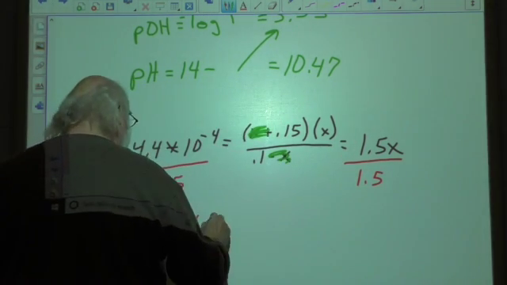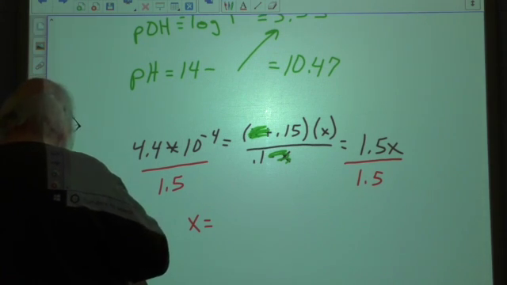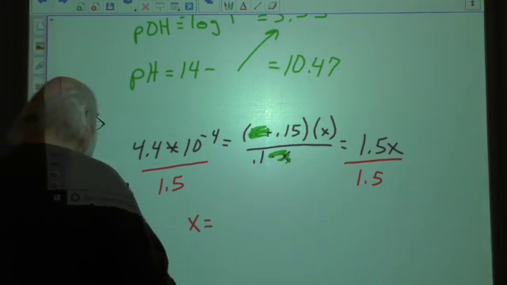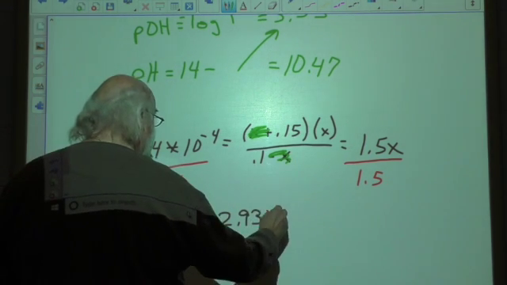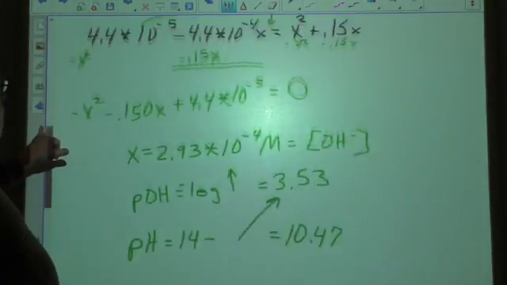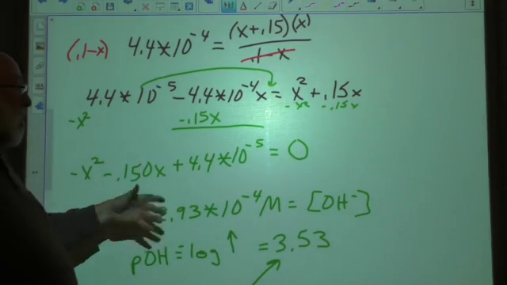And x then equals 4.4 e negative 4 divided by 1.5, and we get 2.93 times 10 to the negative 4. And what did we get up here? 2.93 times 10 to the negative 4.